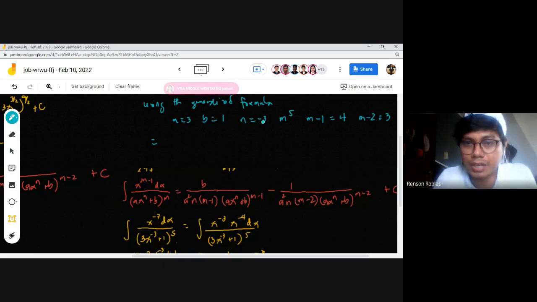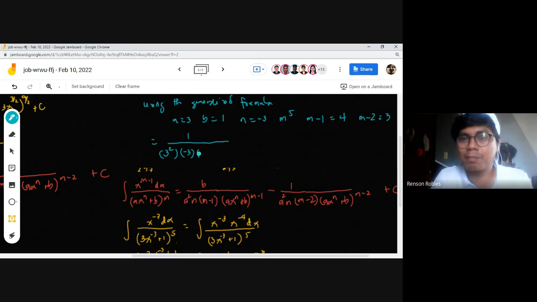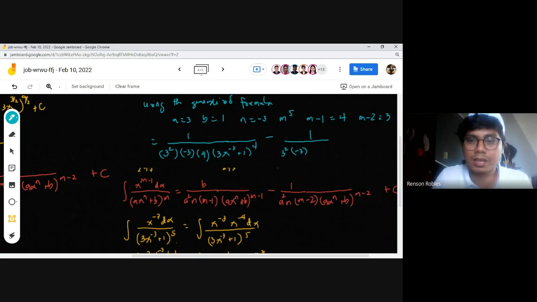Equals b, which is 1, all over a squared, 3 squared, times n, where n is negative 3, times m minus 1, 4. Then we copy 3x raised to negative 3 plus 1 raised to the fourth power, and minus 1 all over a squared, 3 squared, times negative 3 times m minus 2. Then copy 3x raised to negative 3 plus 1 to the third power plus c.